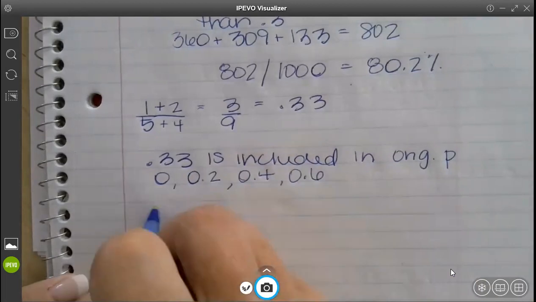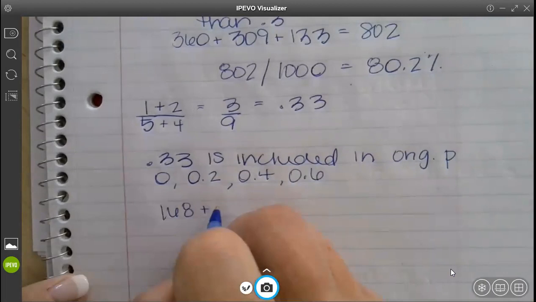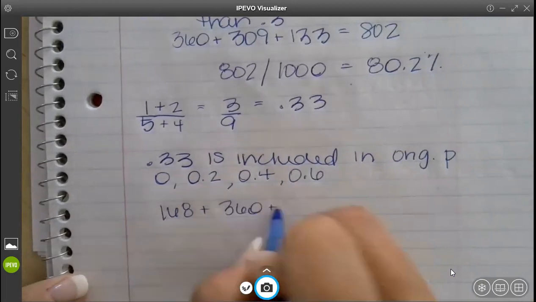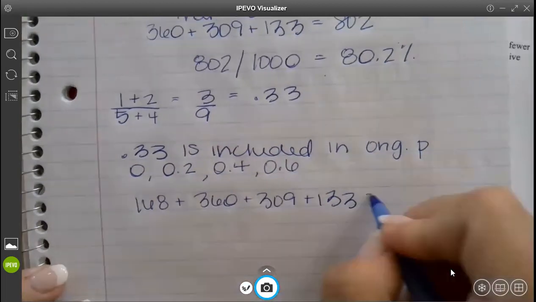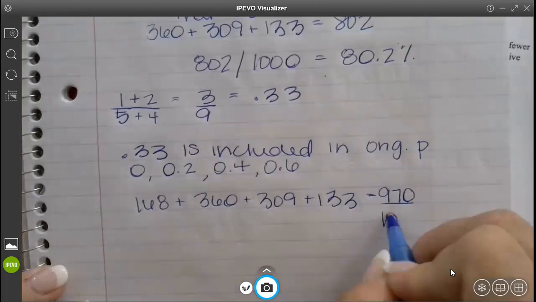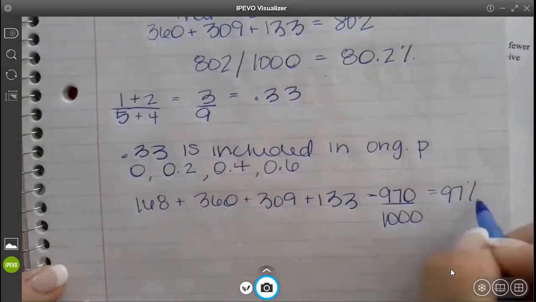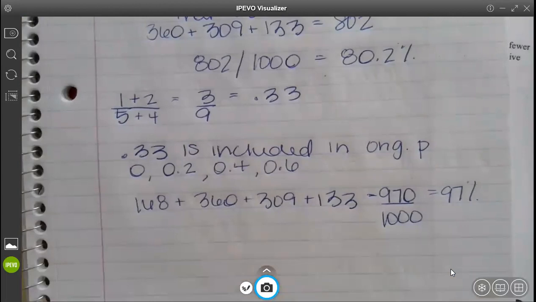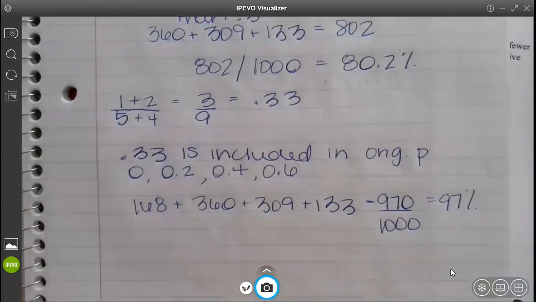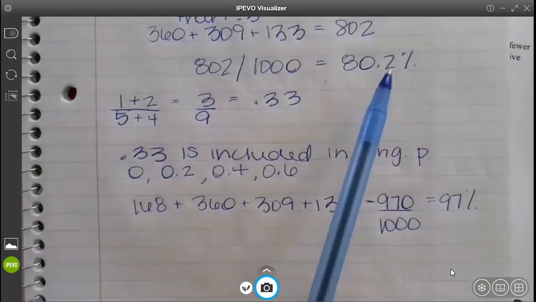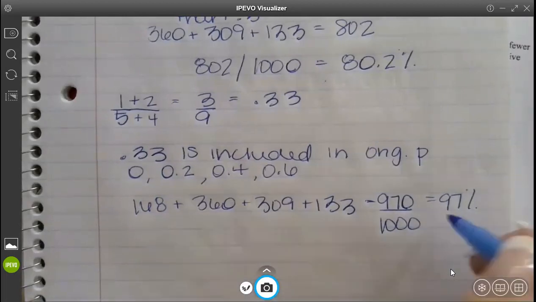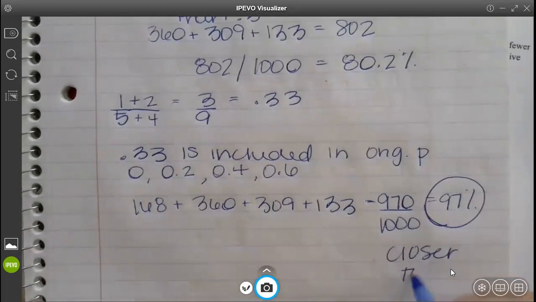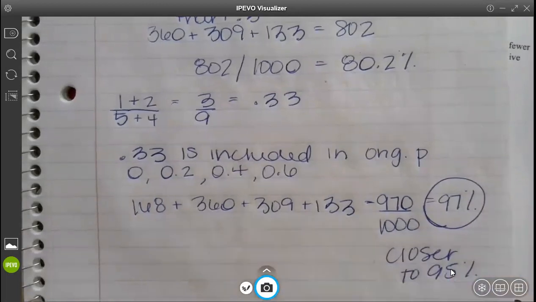That gave you 168 plus 360 plus 309 plus 133, which was 970 out of 1,000 or 97%. Remember, we were doing a 95% confidence. Which one is better, the original or the new? Perfect. So this one is closer to the 95%.